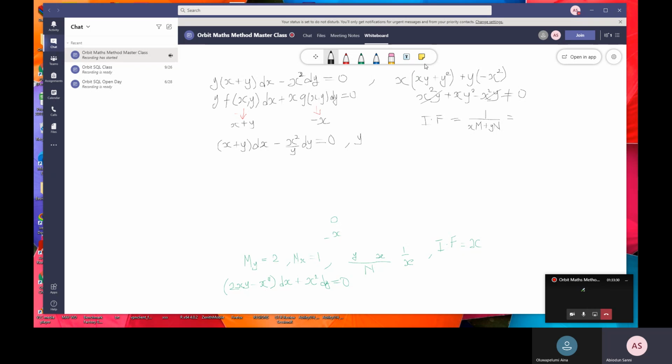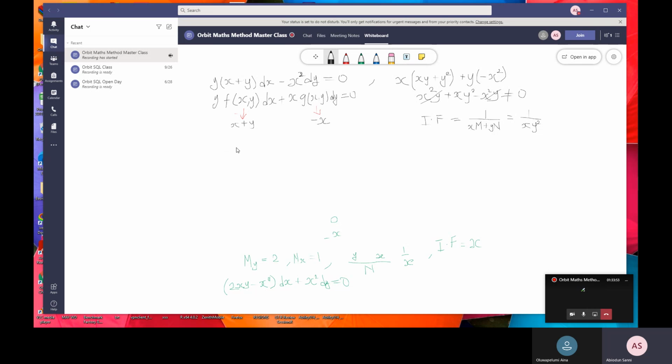So that should be 1 all over this guy, right? That's what you have here. That will be 1 over xy squared. If that's the case, it means that I have to multiply all through by my integrating factor.